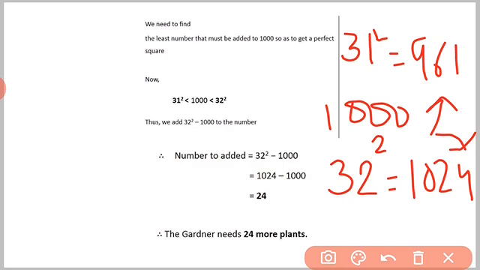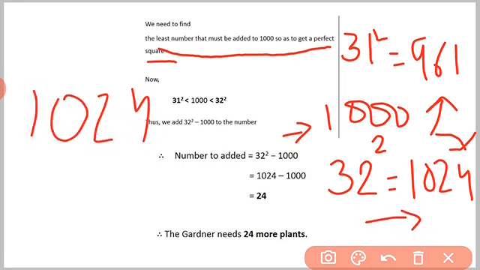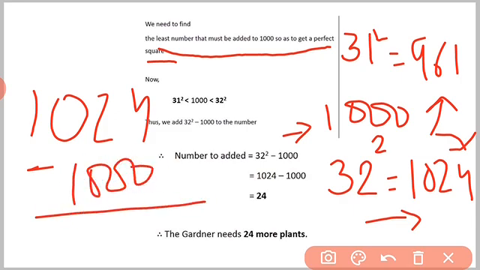So the least number that must be added to 1000 so as to get a perfect square, how can we find it? We can find by subtracting 1000 from 1024. It is 24. So 24 are the minimum number of plants we required to make number of rows and number of columns equal.